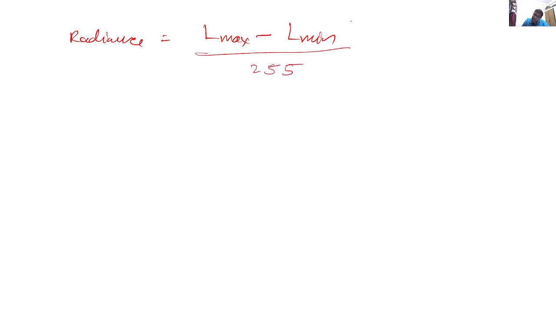So the radiance will finally be like this: radiance is equal to L max minus L min, divided by the total number of differences in the discretizations, that is 255 for an 8-bit system, times the digital number, plus L min. So it is nothing but an interpolation technique, by the way. The values between the max and min are already available, so in between you are just interpolating.